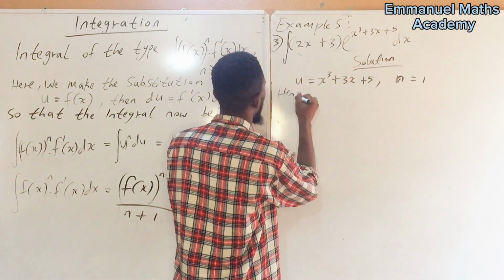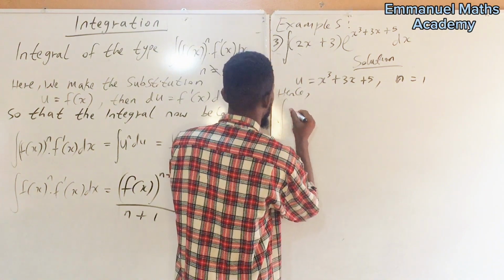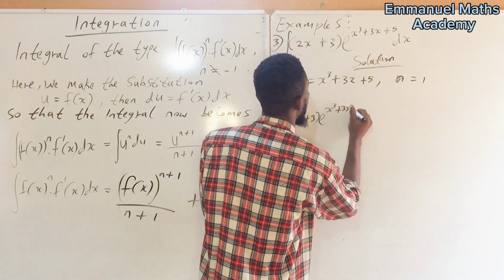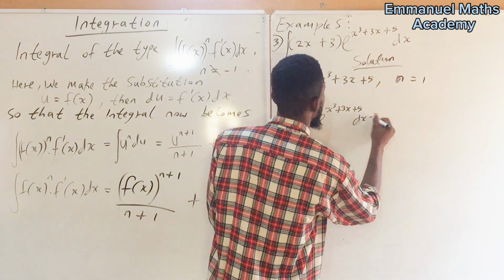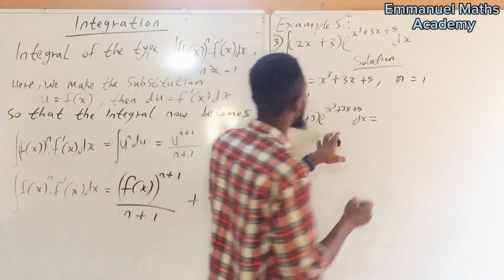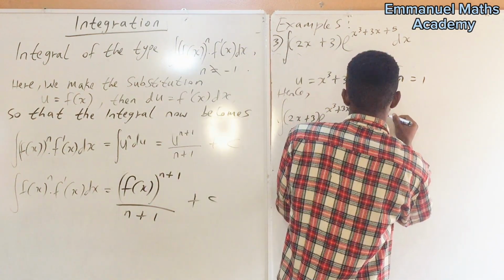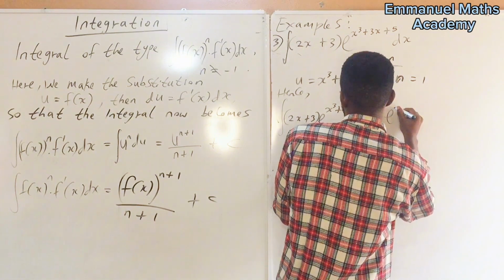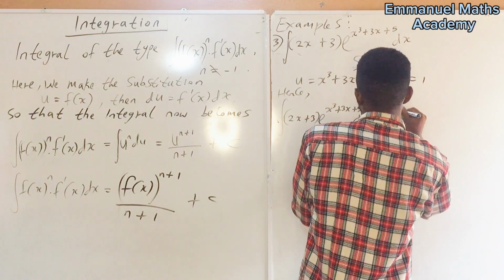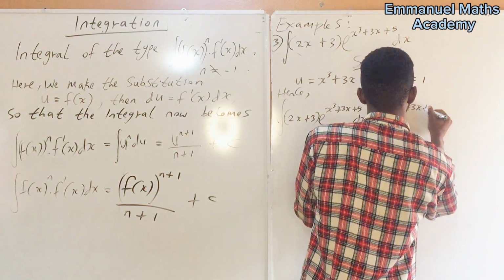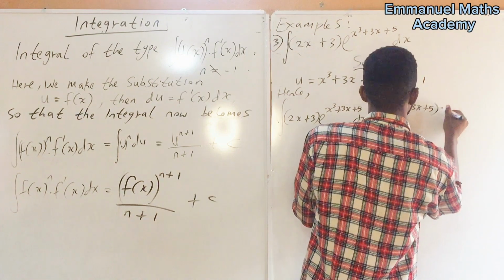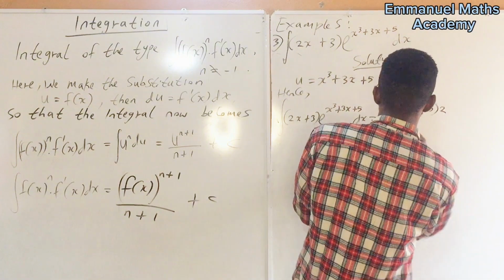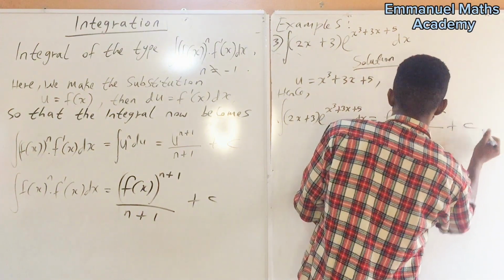Hence the integral of (2x + 3) e^(x^3 + 3x + 5) dx is equal to (x^3 + 3x + 5) to the power 2, because 1 plus 1 gives you 2, since our n is 1, over 2 plus c.